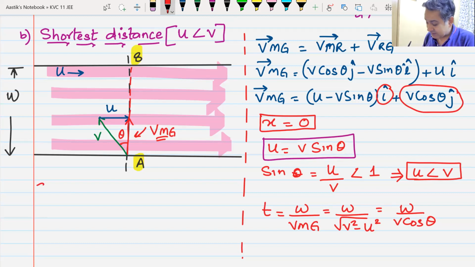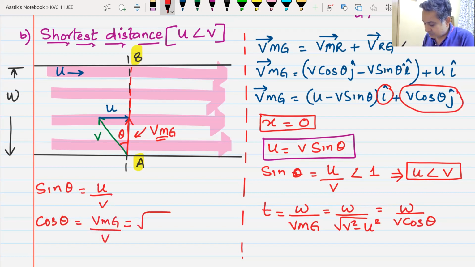From the triangle, I can write the value of all these angles. Sin theta will be U by V. Cos theta will be VMG by V, which is root over V square minus U square by V. If you want, you can also write the value of tan theta.